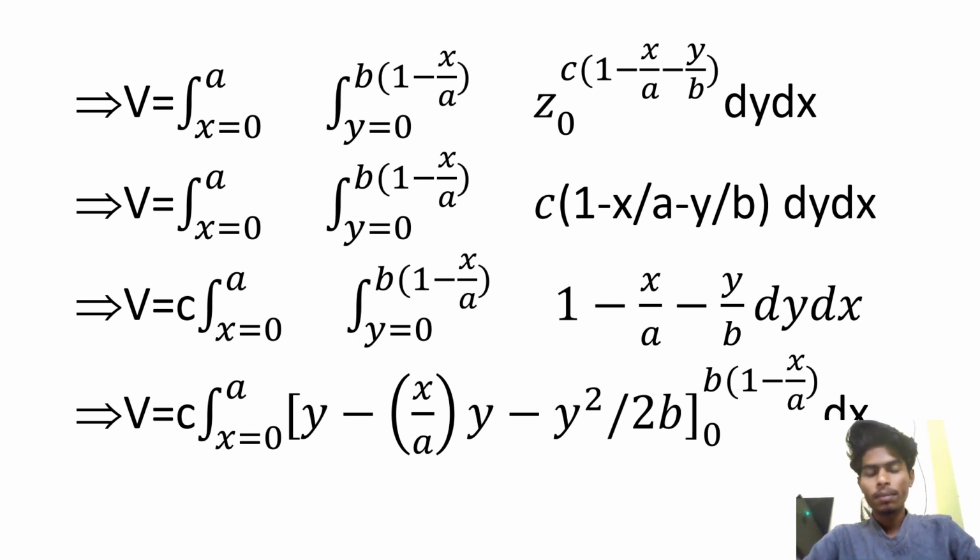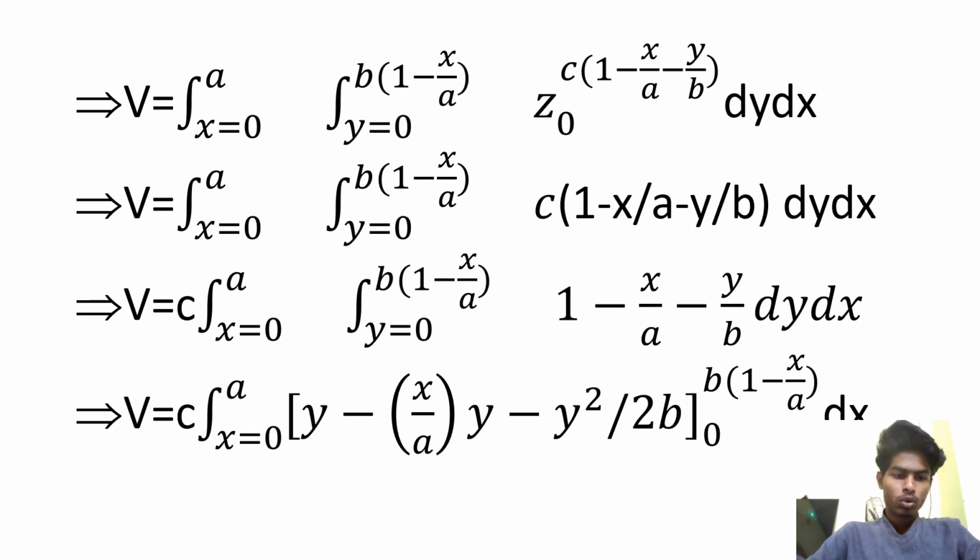After substituting them we get the next step. V equals the integration of x equals 0 to a, integration of y equals 0 to b into 1 minus x by a, of c into 1 minus x by a minus y by b, dy dx. Here we applied the upper limit and lower limit in the place of z.